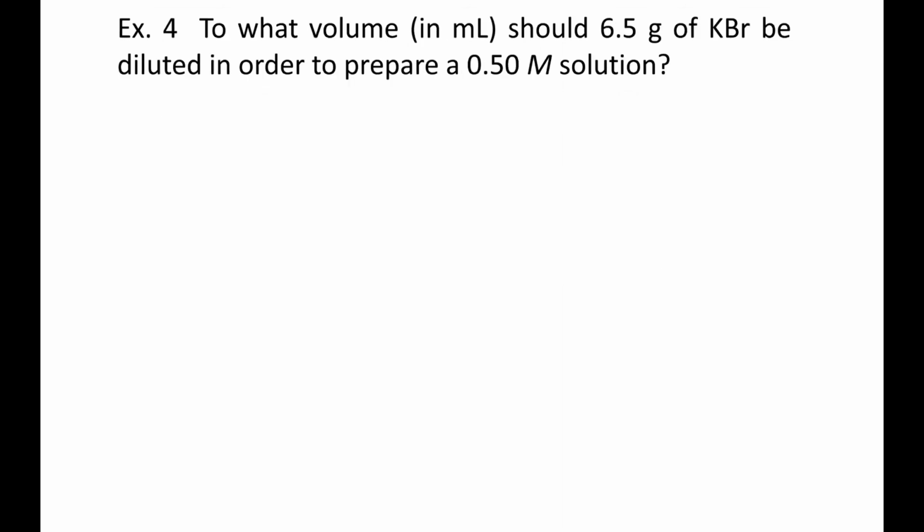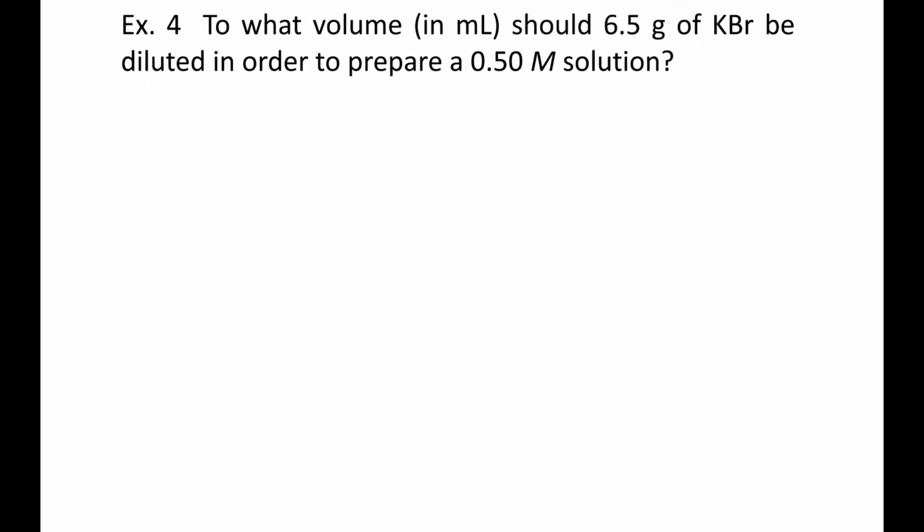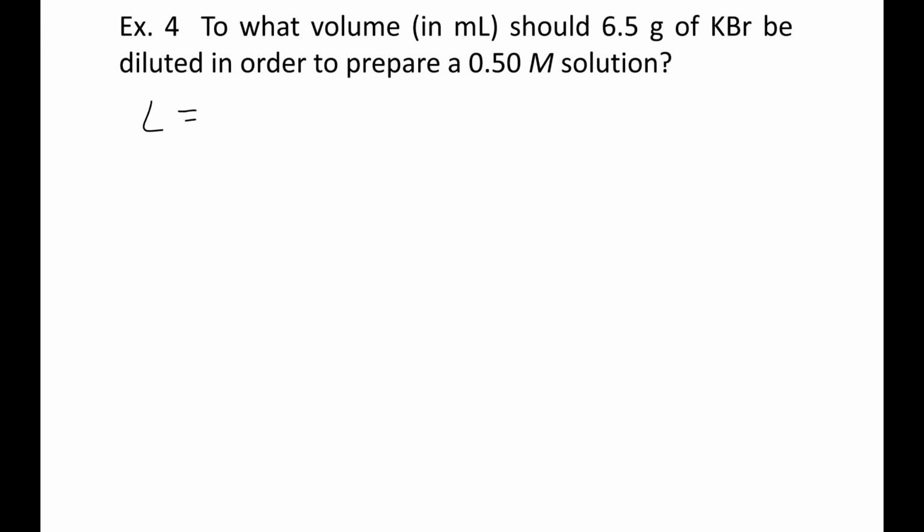Okay, last example. To what volume in milliliters should 6.5 grams of KBr be diluted in order to prepare a 0.50 molar solution? So our equation is liters equals moles divided by molarity. So we've got to somehow get moles.